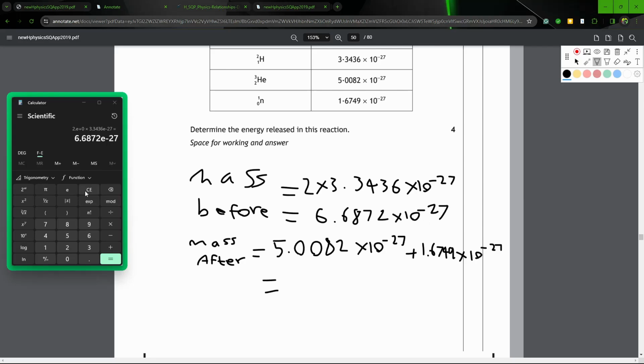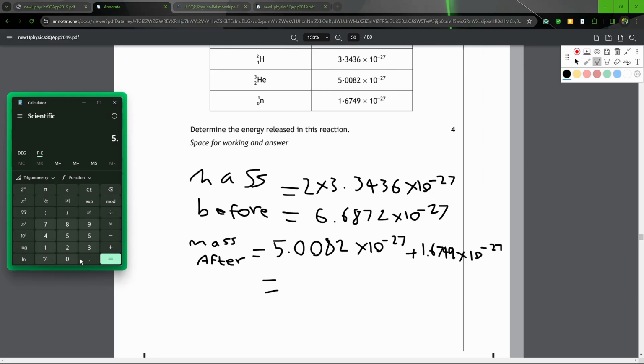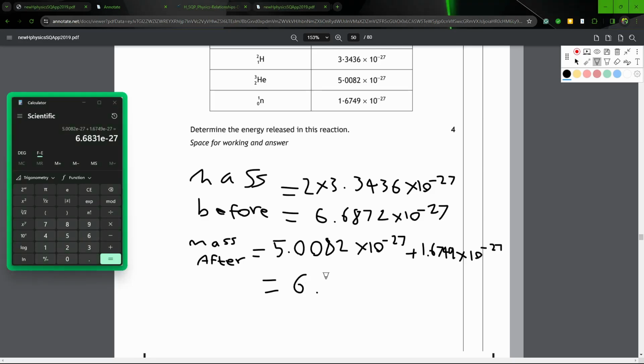This one is going to be a bit dry, but that's sometimes how it goes. Right, 6.68 31 times 10 to the negative 27.